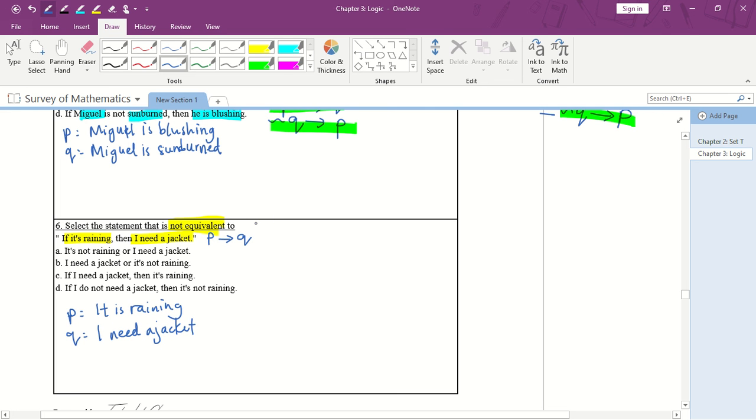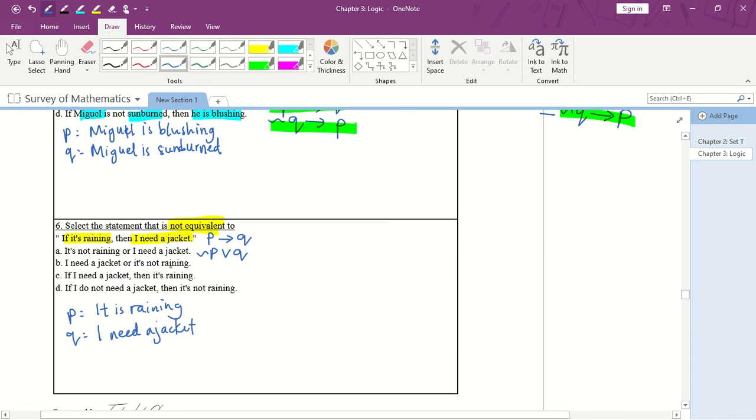Now, looking at A, B, C, D, we need to figure out their symbolic forms. If it is not raining, or I need a jacket. It is not raining, so negation P, or I need a jacket, Q.